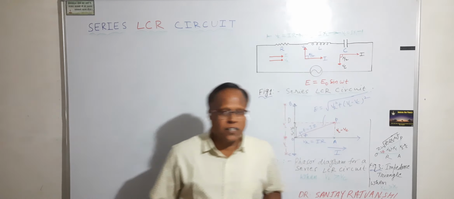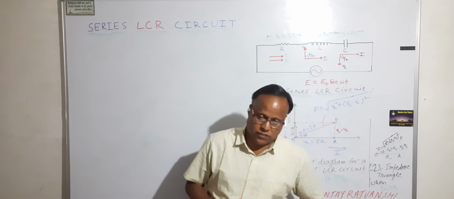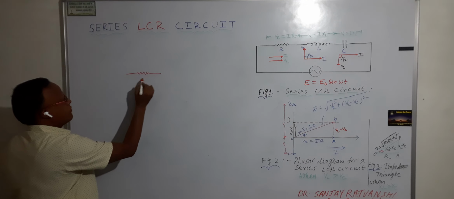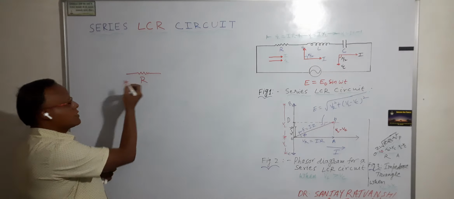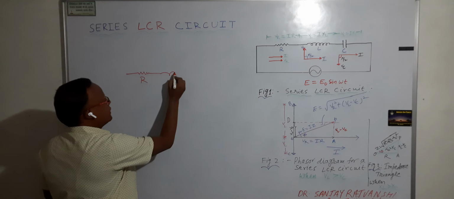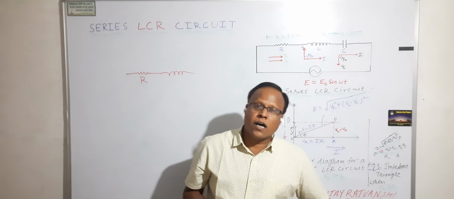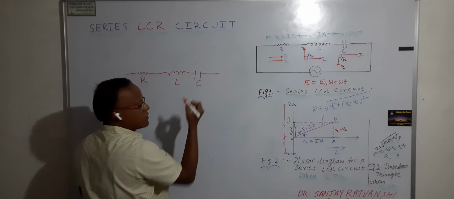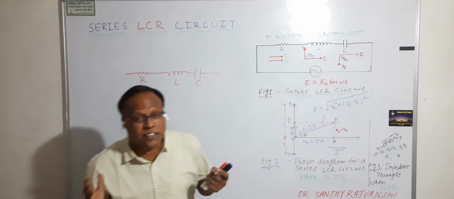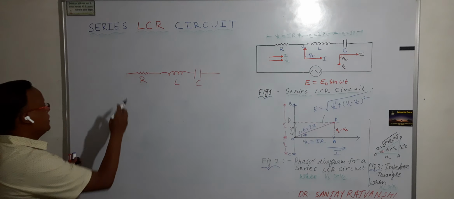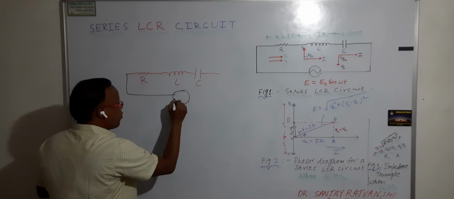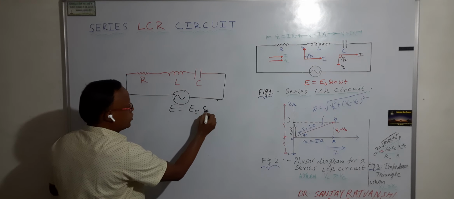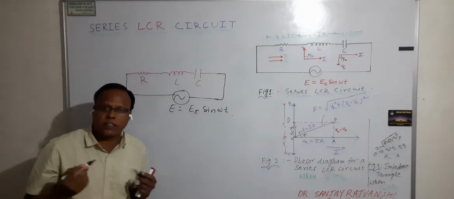Let us consider an LCR circuit, or we can say a circuit containing a pure resistor of resistance R, an inductor of inductance L, and a capacitor of capacitance C. They are connected in series with an AC source of EMF E is equal to E0 sin omega t.